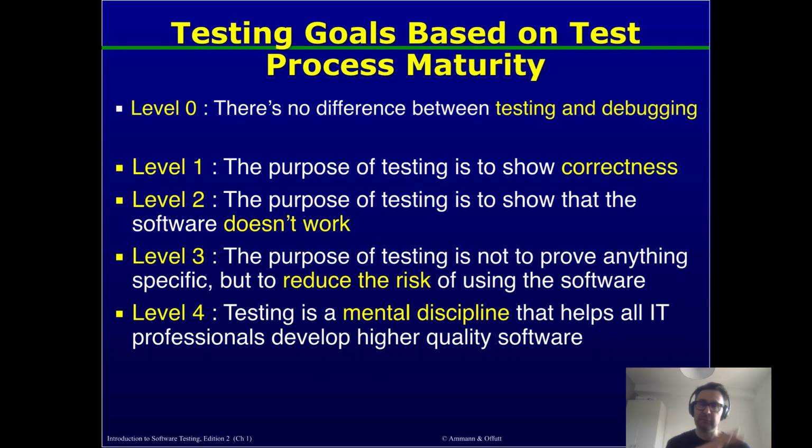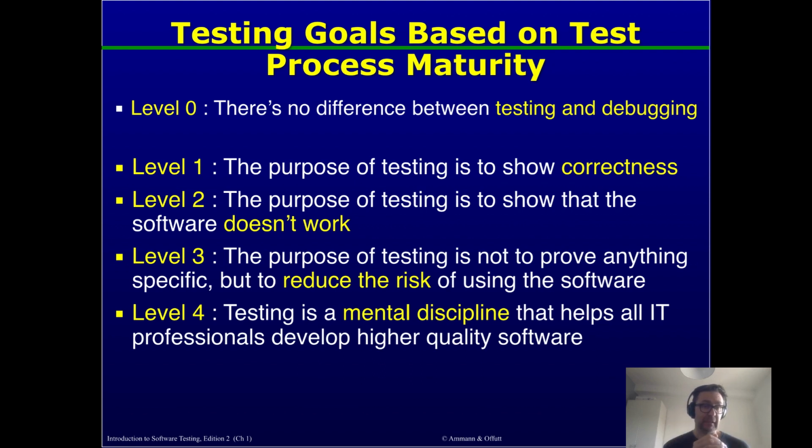It's all seen as the things that you have to do to ensure quality before you release, but you don't have a clear understanding of the strengths of the different techniques, how you should trade off between them, and so on. At level 1, the purpose often becomes to show correctness. Your managers or the engineers think that you can actually show that a piece of software is correct by doing certain types or levels of testing.